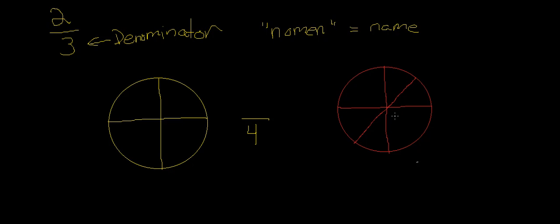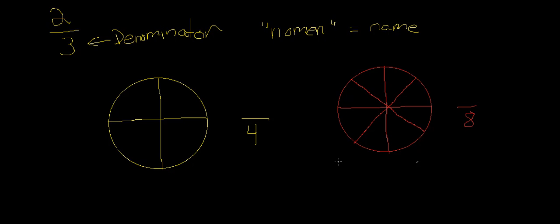Now, I've split this into different parts, but look, 1, 2, 3, 4, 5, 6. I wouldn't necessarily call this sixths because they're really not equal. What I'm trying to do is do that. So now we have 1, 2, 3, 4, 5, 6, 7, 8. So this whole is split up into eighths.